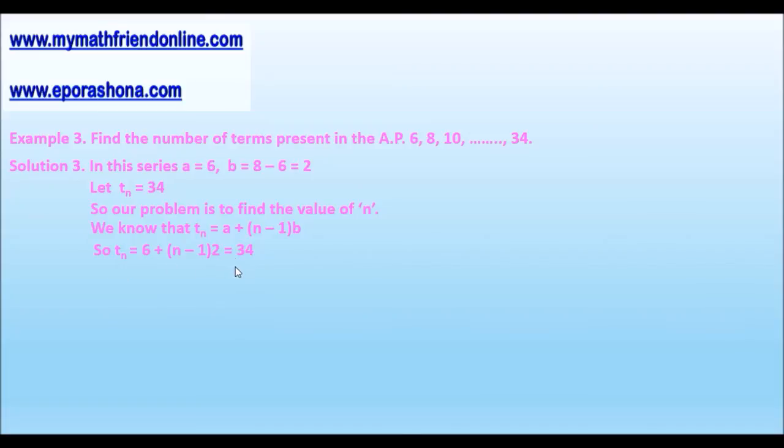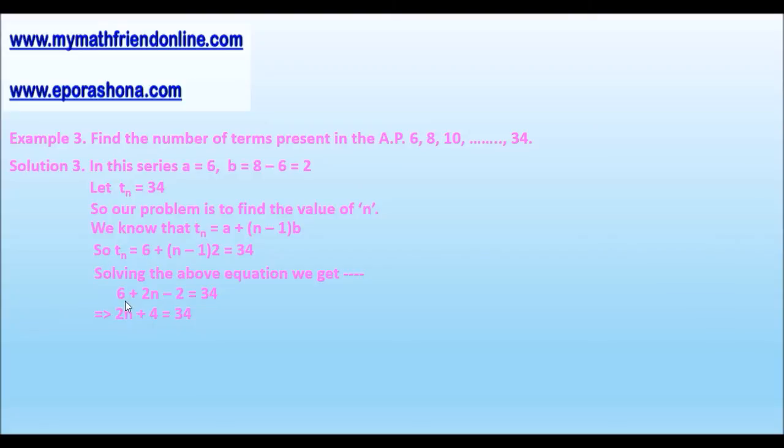Now we will be solving this equation. Solving the above equation, we are opening the bracket. So it is 6 plus 2 multiplied with n gives us 2n, and 2 multiplied with 1 is 2, and this is the minus sign. So it is 6 plus 2n minus 2 is equal to 34. Next, we will be keeping this 2n to this side, and we will be taking the others to the other side.